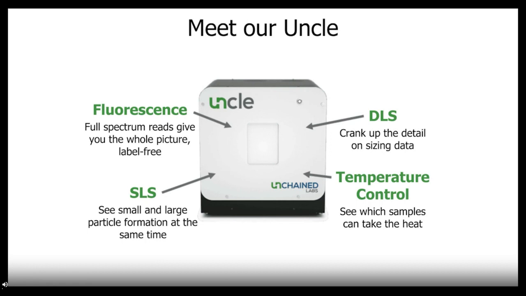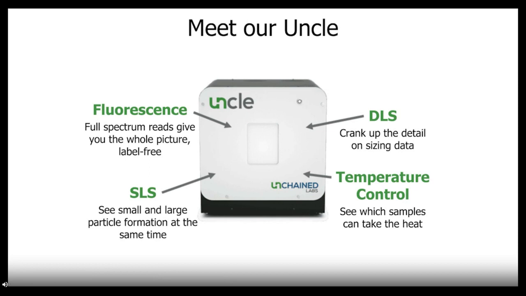UNCLE can see the full spectrum for fluorescence to give you the option to look at protein intrinsic fluorescence, which evaluates usually tyrosine and tryptophan fluorescence, or use any of an arsenal of fluorescent dyes. Simultaneously with that fluorescence measurement, you can use static light scattering to monitor how the same sample aggregates. UNCLE uses SLS at 2 wavelengths so you can track small and large particles at the same time.